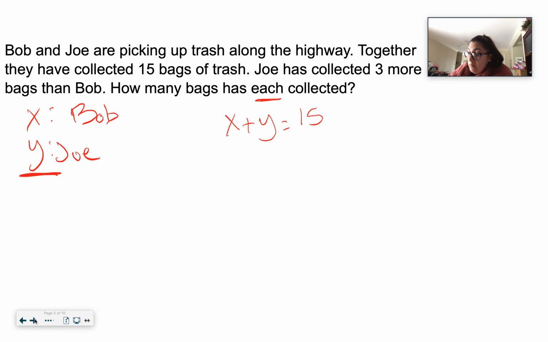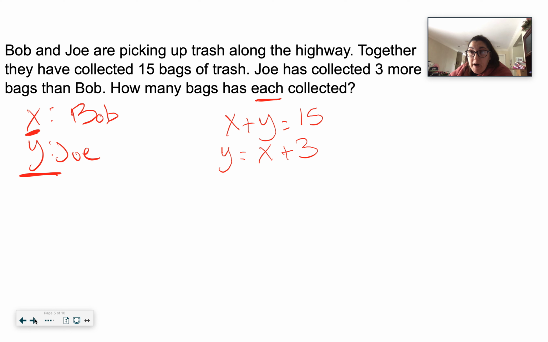So your equation should be y equals, because y stands for Joe, and we know that Joe is equal to 3 more than Bob. Well, more than is the wording for adding. So I don't know how many Bob has collected, but Bob is my x. So I'm going to say x plus 3.